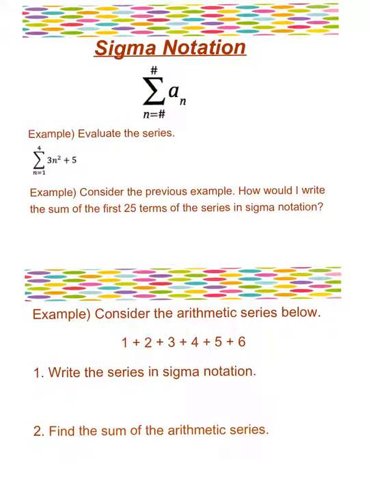So let's review sigma notation. We learned about sigma notation back when we defined the mean back in chapter 1, but it's definitely been a while. When you have sigma notation, here we have our rule for our series defined in explicit notation.